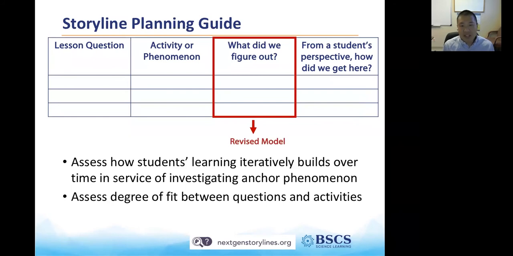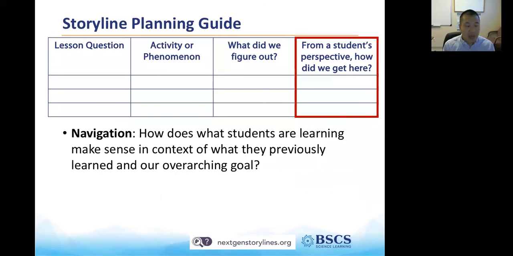And this provides a nice check for us to think about the degree of fit between the question, the activity, and what we want kids to figure out. This might be a place where we need to relieve some activities that are our favorites and choose an activity that is helpful in service of the broader goal for what we want to achieve. And again, that column is about that navigation aspect, which I talked about before.